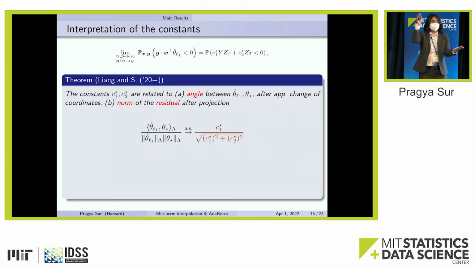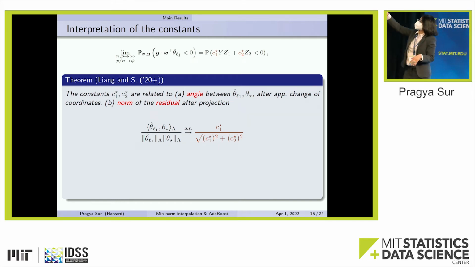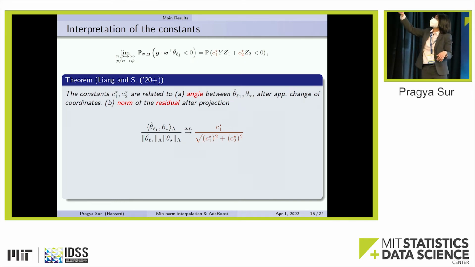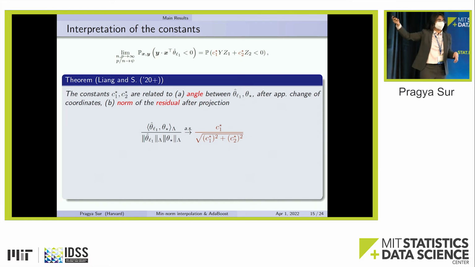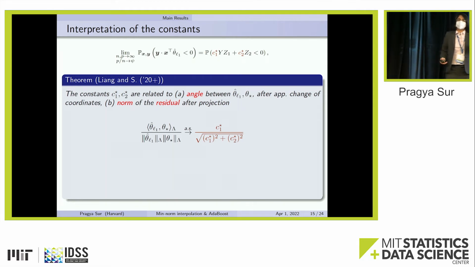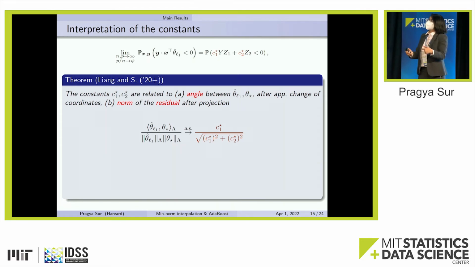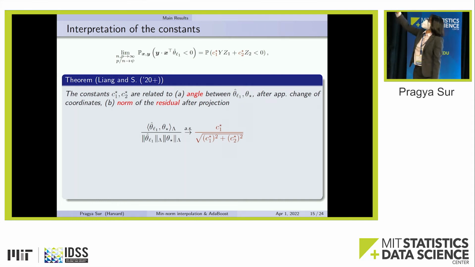If you take your interpolators and project it in the direction of the true signal, the angle you get from this projection, that's related to this first scalar constant, C1 star, that shows up in the generalization error formula. And there is the other constant, C2 star. That is basically directly proportional to, if you do this projection and take the norm of the residual, then what you'll get is C2 star.